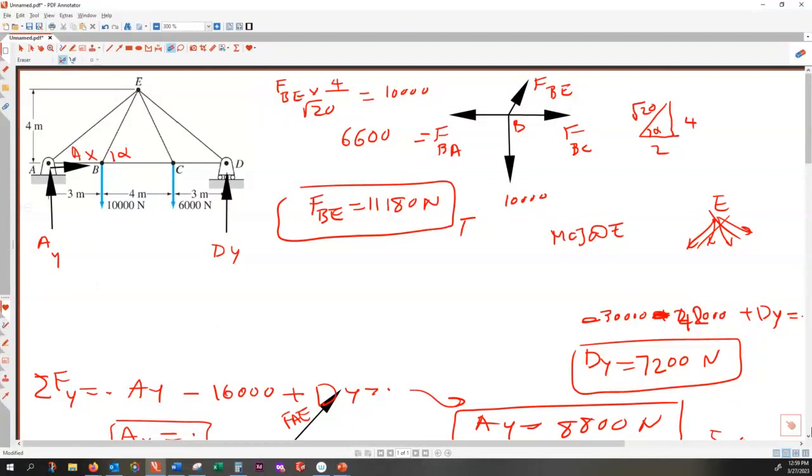Let's write the equilibrium of forces in horizontal direction.